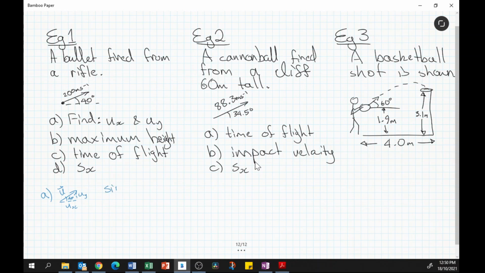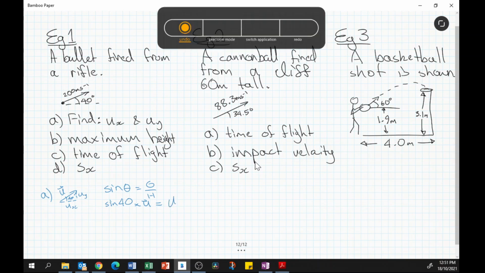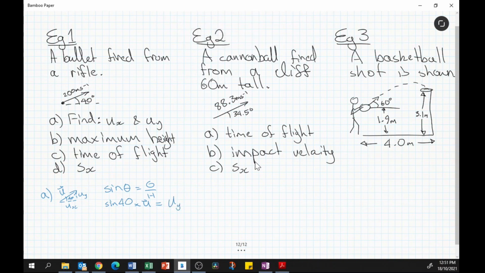So sine theta equals O over H. Sine of 40 times U equals O. And I'll write that O is uy, equals uy. So uy is just sine 40 times U. Make sure you know where everything there came from. Therefore, uy, 129.